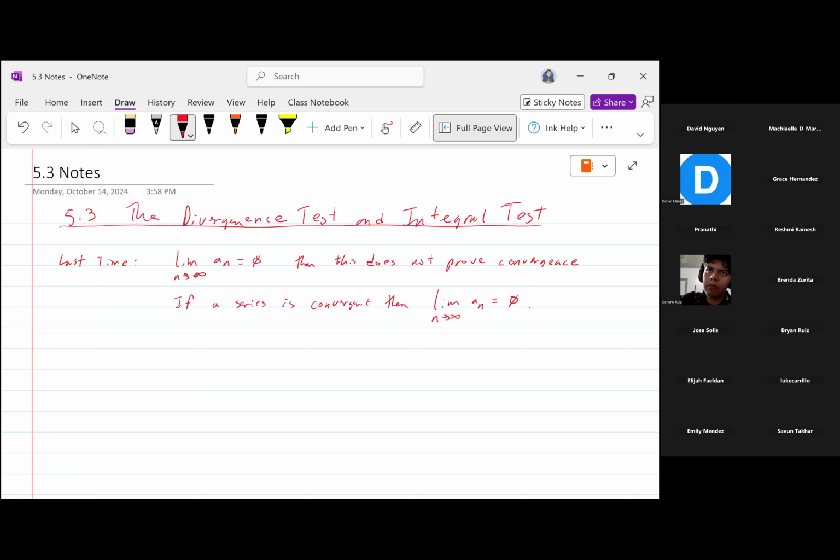So if it is convergent, then it goes to 0. Okay, so everything that's convergent, the limit goes to 0.